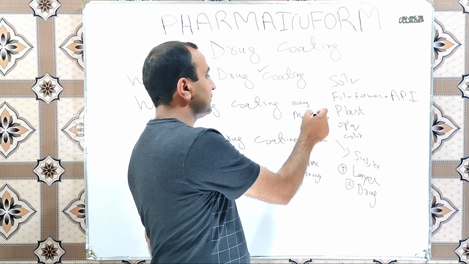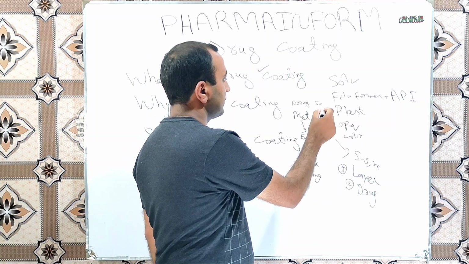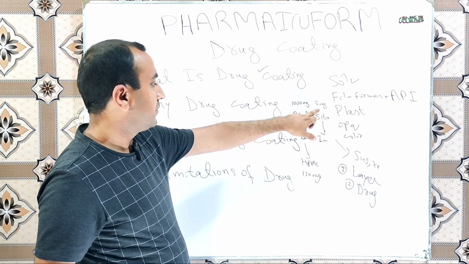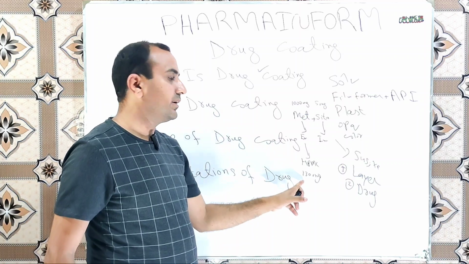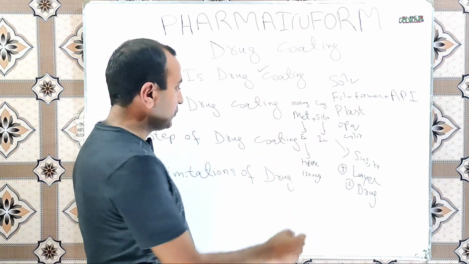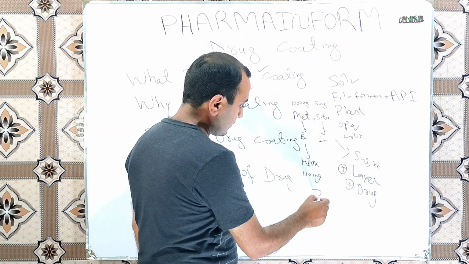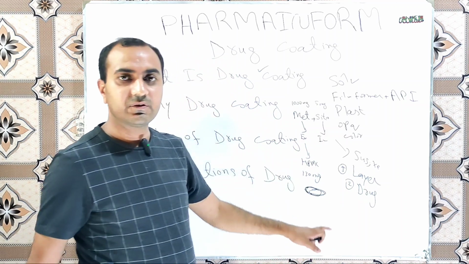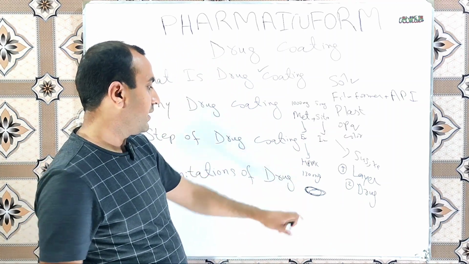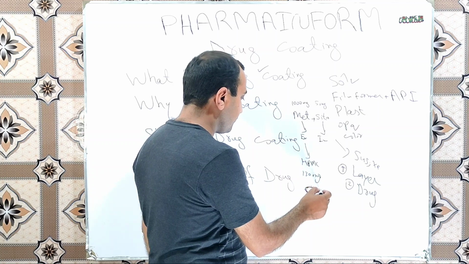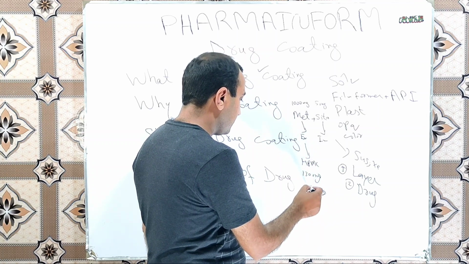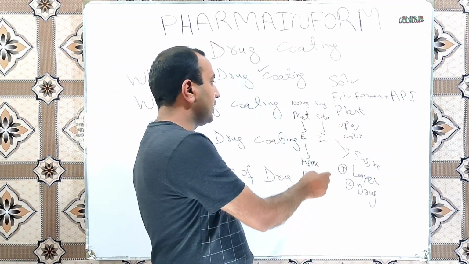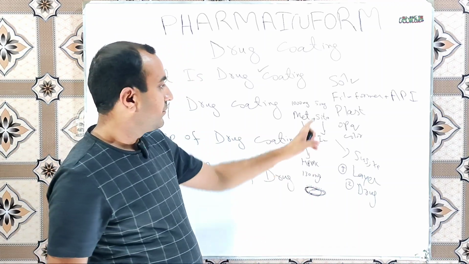So we will add sitagliptin, potency required is 50 mg, on each tablet of 1300 mg of metformin HCl. This one is the core tablet of metformin, and we will apply a coat of suspension containing sitagliptin phosphate, and on each tablet our deposited sitagliptin must be 50 milligram.